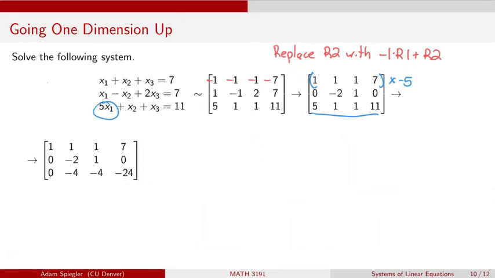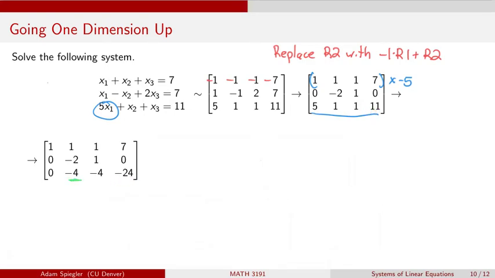And after performing that operation on this matrix, we would now have minus 5 plus 5, that gives us 0. We have minus 5 plus 1, that gives us minus 4. Minus 5 plus 1 gives us minus 4 again. Minus 5 times 7 is minus 35, and then we add a positive 11, and that gives me minus 24.